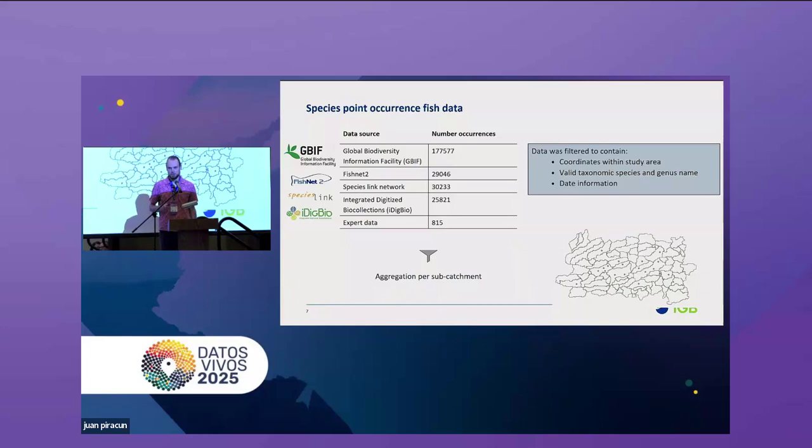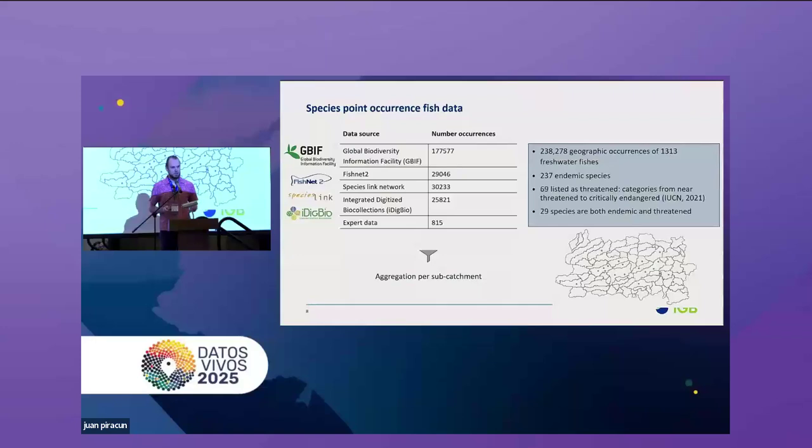My main spatial unit was the subcatchment. So all the species occurrence points were aggregated to the subcatchment to also counteract sampling biases. And I also filtered them by coordinates, names, etc.